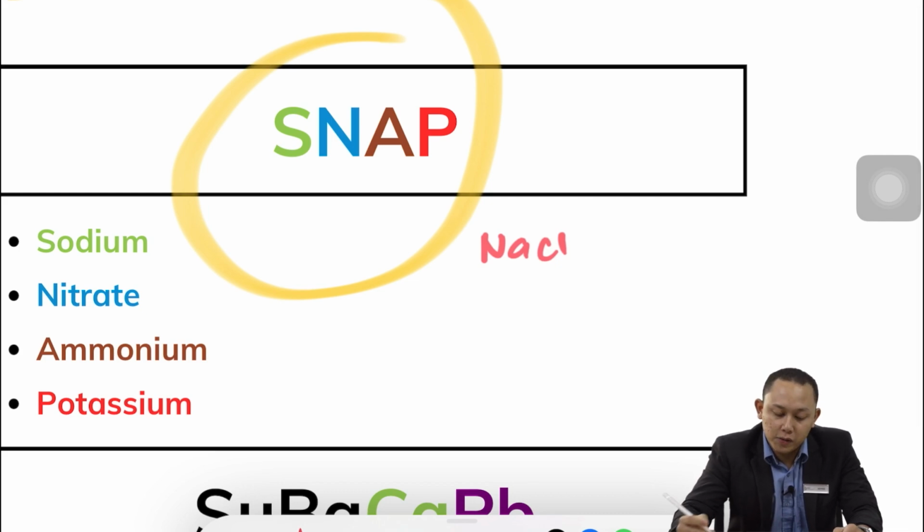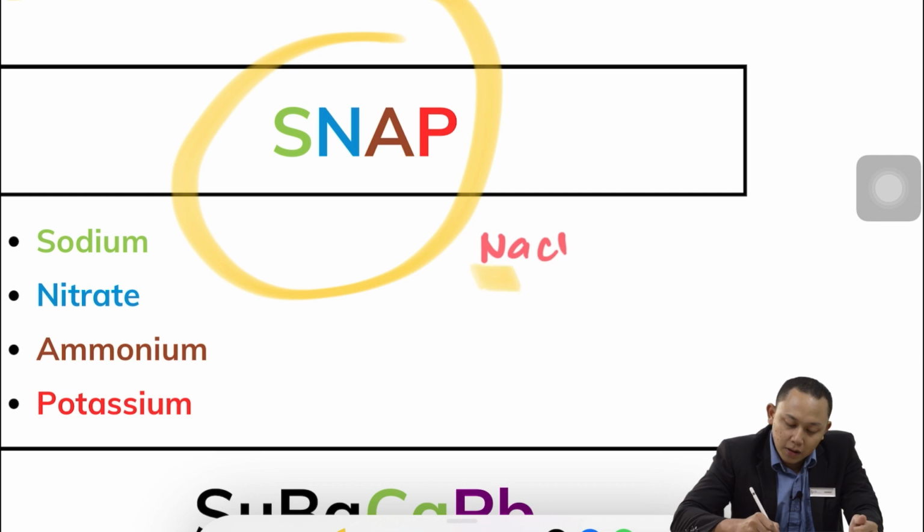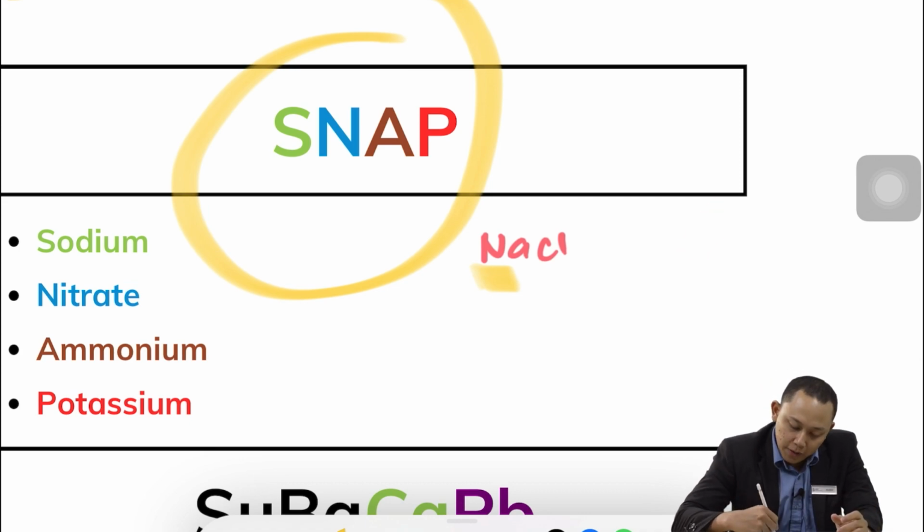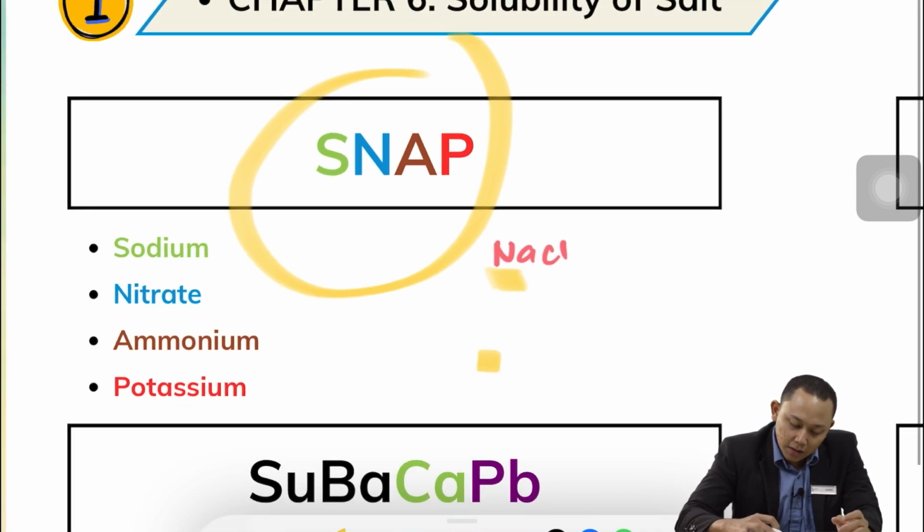In this NaCl, sodium chloride, you have a sodium. If you see there is a sodium in the salt, straight away we know that this salt is a soluble salt. Now we look at the next rule.